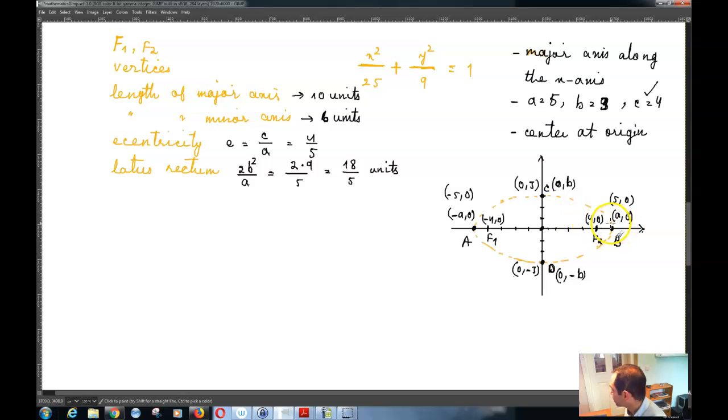The vertices are -5, 0, 5, 0. The length of the major axis is 10 units, and the length of the minor axis is 6 units. And the eccentricity is 4/5, and the Latus Rectum is 18/5. So that's basically all that we have learned about these ellipses.